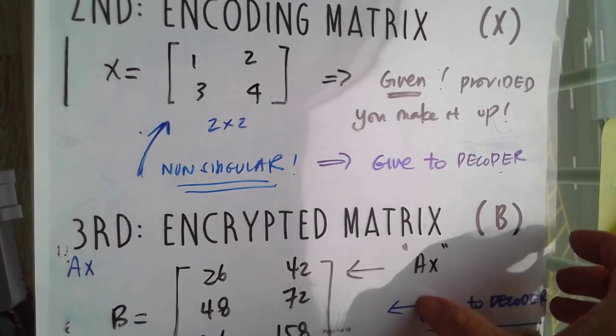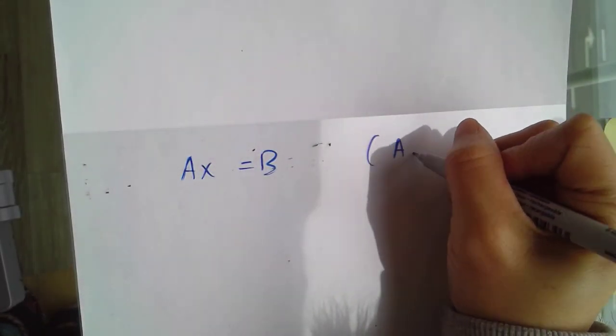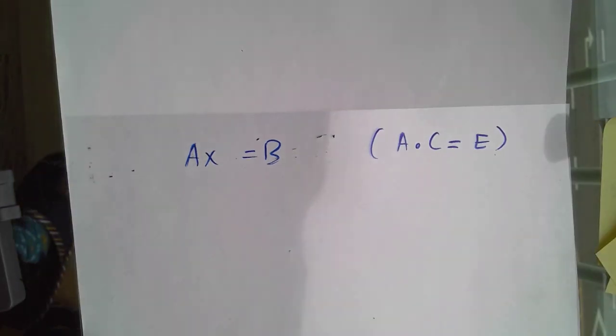So, here we go. We're going to unencrypt Kelly, okay? So, let's go back to our original. Remember that it's our A, X equals B. In some cases it's A times C equals E. It's the same thing, okay?